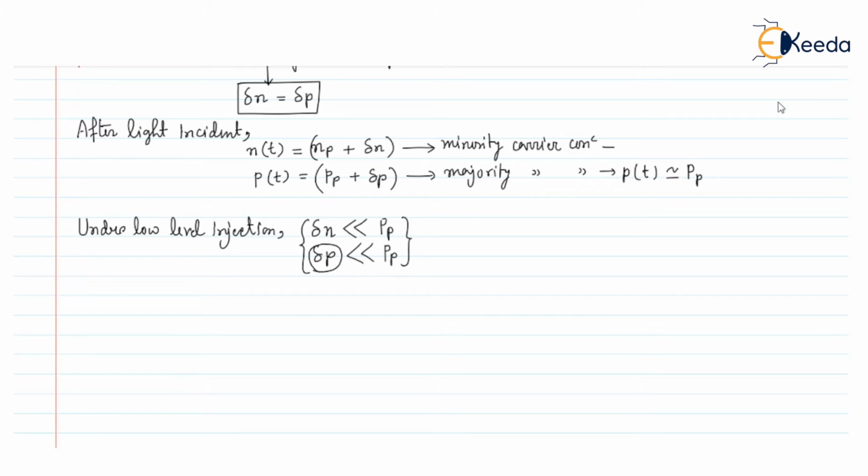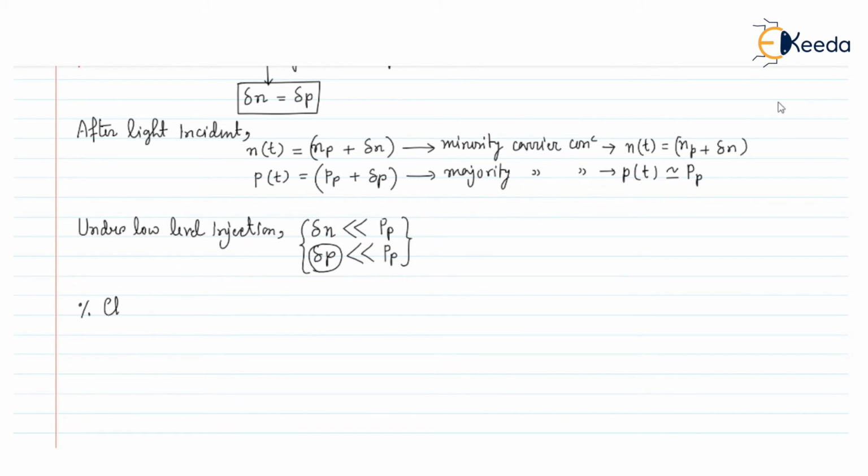But for the minority carrier concentration, N_t will be equal to N_p plus del N. We cannot neglect this del N part with respect to N_p, because N_p and del N are comparable to each other.